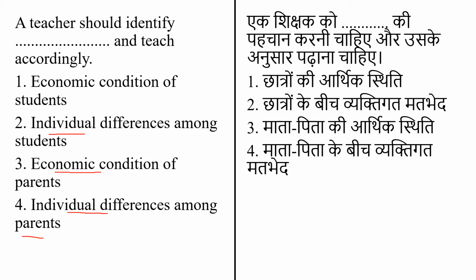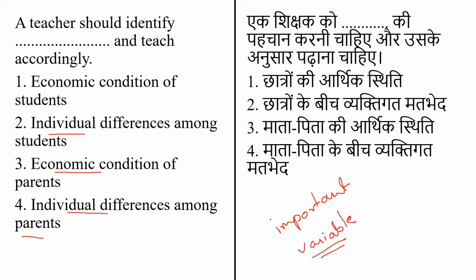We consider the teacher an important variable, right? Why? Because the teacher plays an important role in the life of the student. A teacher helps the student to understand the concept and build better knowledge. A teacher should understand the learning ability of the student and the individual differences among the students and teach accordingly.